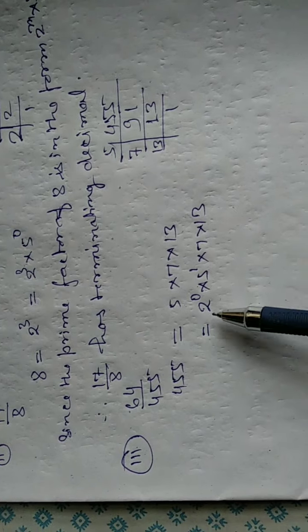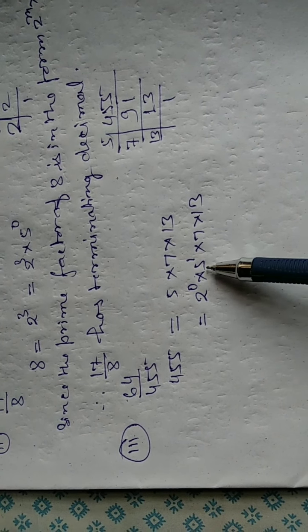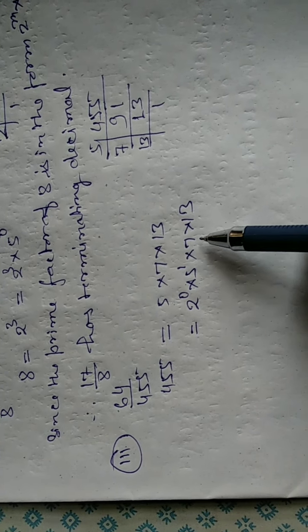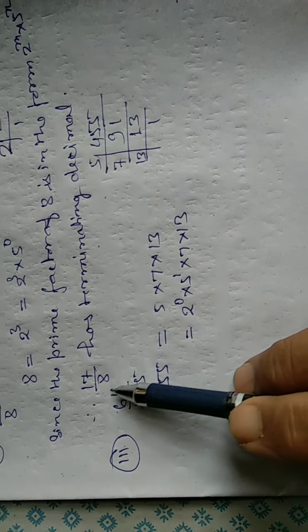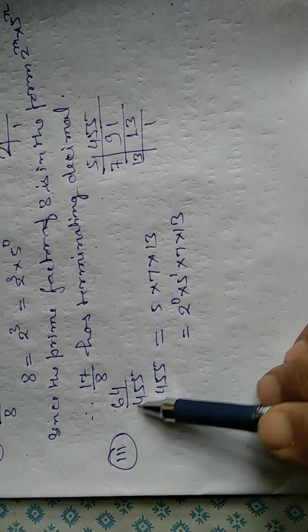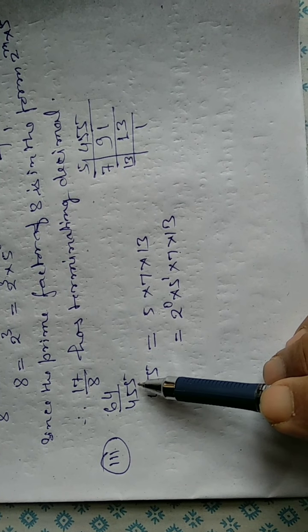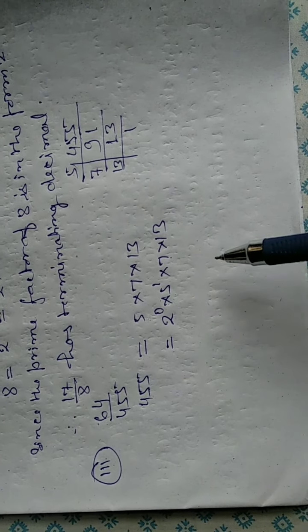Now see, in this prime factorization, 5 is present, but other prime numbers 7 and 13 are also present here. Therefore, the decimal expansion of 64 by 455 is non-terminating recurring.